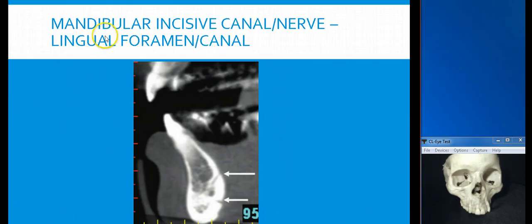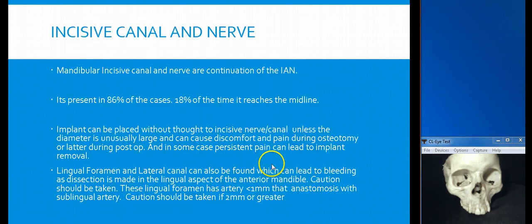Next topic is going to be about the mandibular incisive canal and the lingual foramen. And you can see up here the incisive canal and the lingual foramen. The incisive canal carries the nerve. It's the extension of the inferior alveolar nerve that, once it goes through the inferior canal and the mental foramen, has branches that go forward.